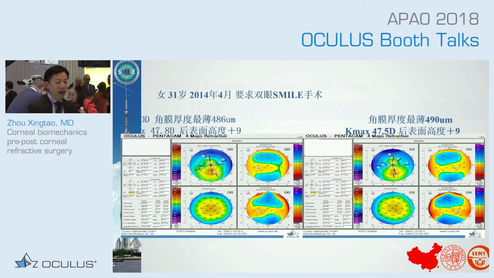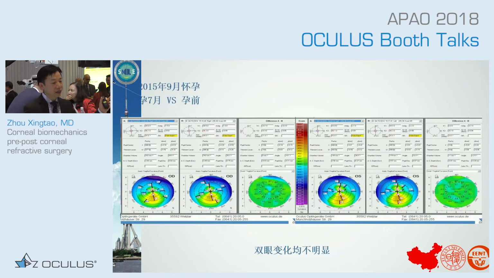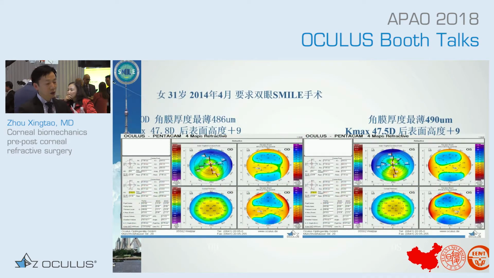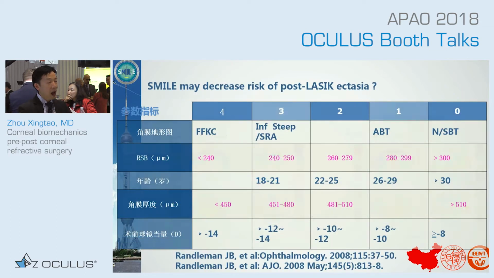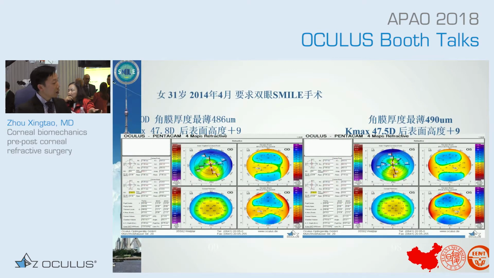Last, I would like to say something about my clinical practice. I use the Corvis ST for preoperative screening because, as we know, we have Randleman's papers as a guide to pre-screen for the safety of refractive surgery. Sometimes Pentacam topography is not enough, and we have to combine it with the Corvis ST. For example, this patient was a female, 31 years old.